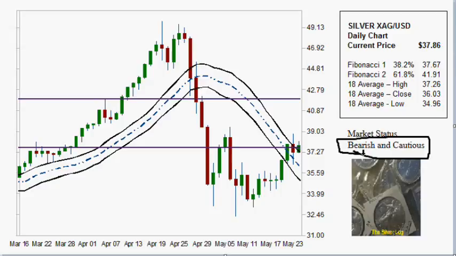However, it's not going to take much to see this go to either neutral or even bullish. It really needs to get above this level here for me to give much bullish conviction towards this market.